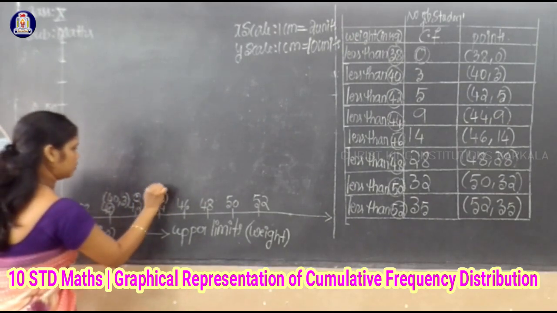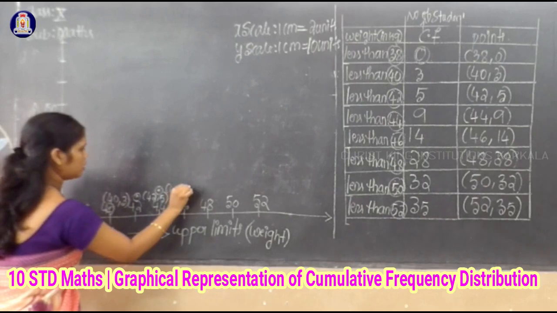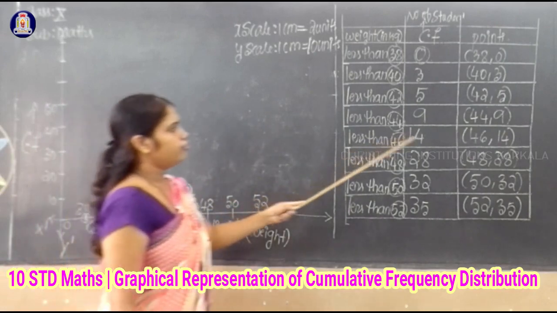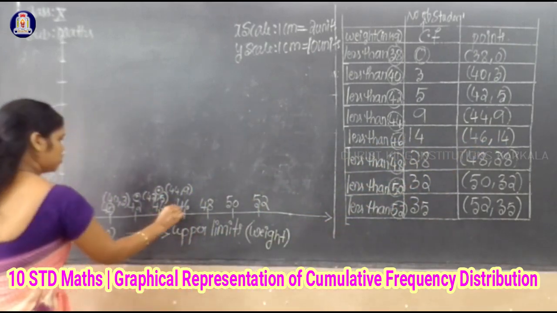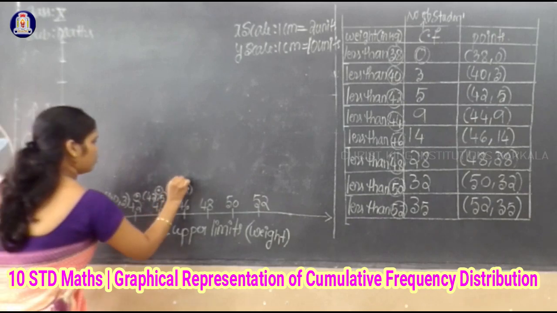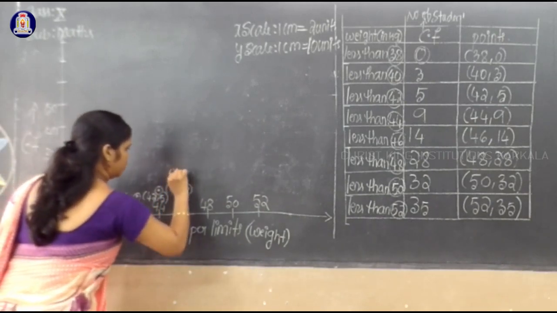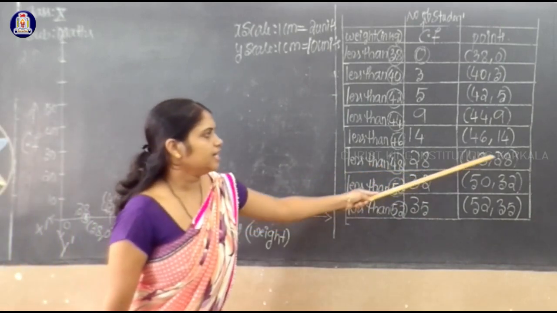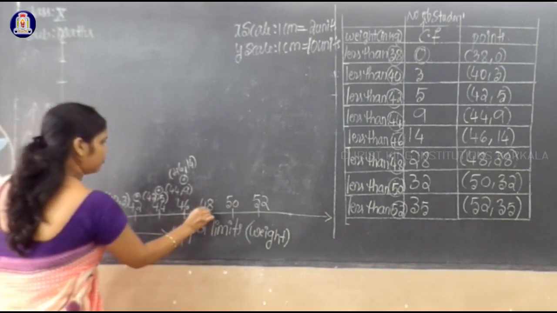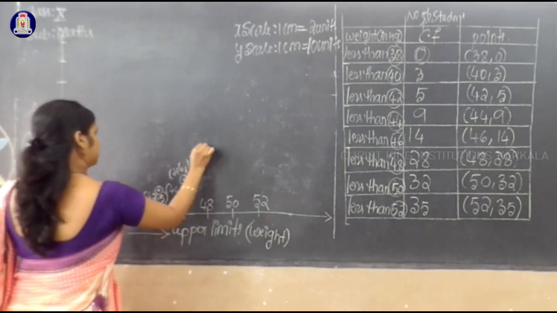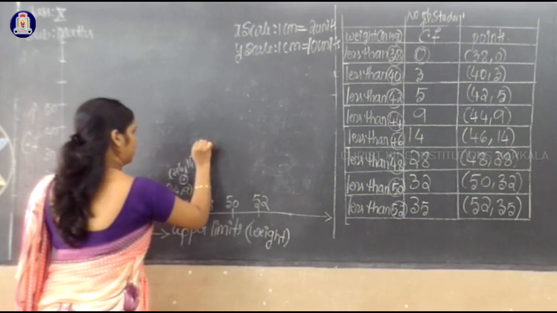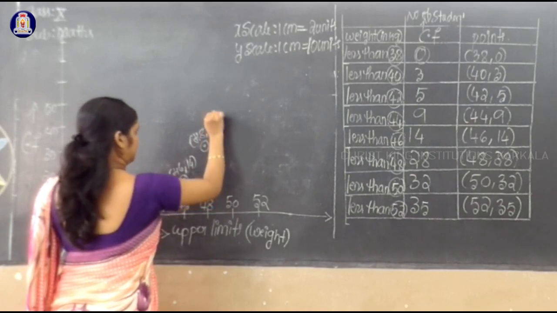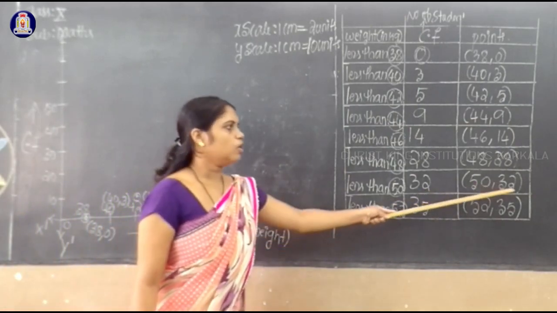Next, 46, 14. Next, 48, 28. This is 48, 28, in between 20 to 30.